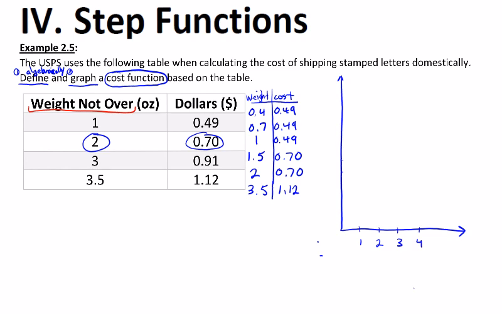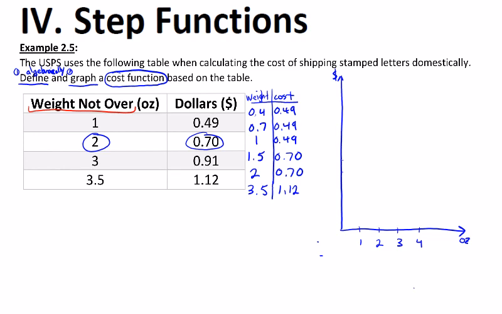And I'm also going to go ahead and label the horizontal axis using the unit OZ for ounces, and that's standard. Whatever's in our first column goes with the horizontal. Whatever's in the second column for our table, that goes on the vertical. So I'm going to put a $ sign up here for the vertical. We're talking about cost. And on the vertical, I need to go all the way to at least $1.12.